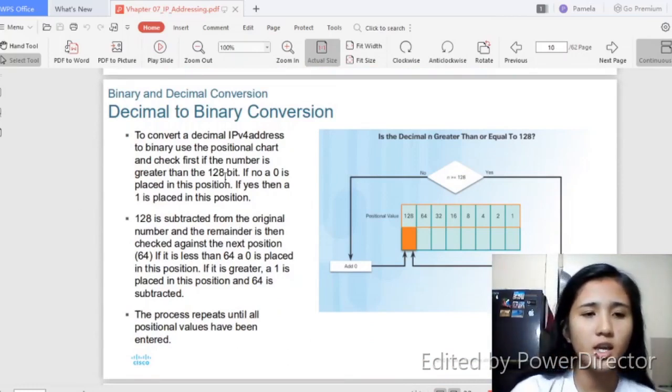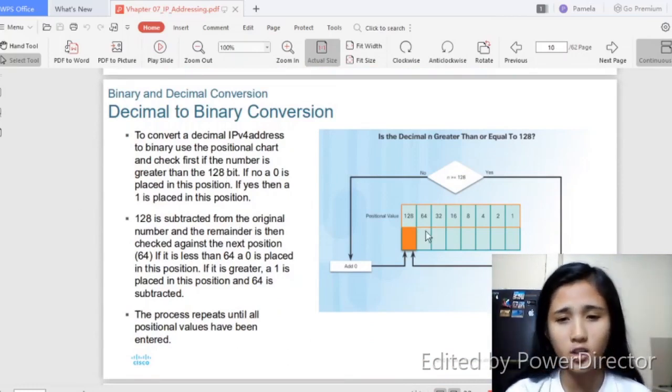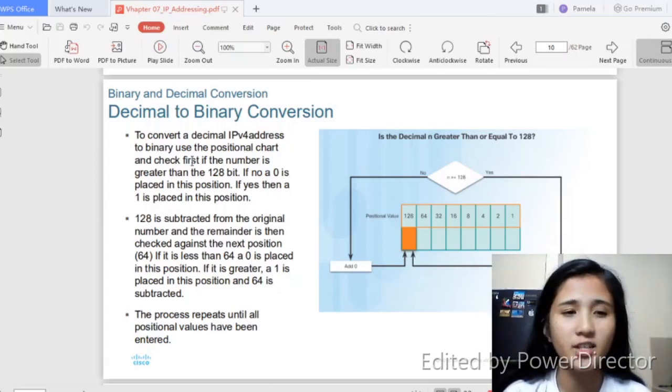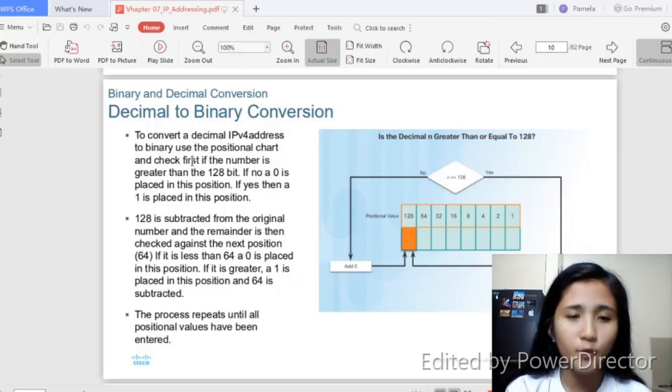So here is the decimal to binary conversion. To convert a decimal IPv4 address to binary, use the positional chart and check first if the number is greater than the 128 bit. If not, a 0 is placed in the position.